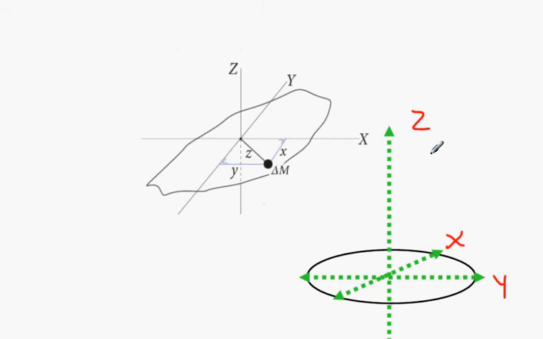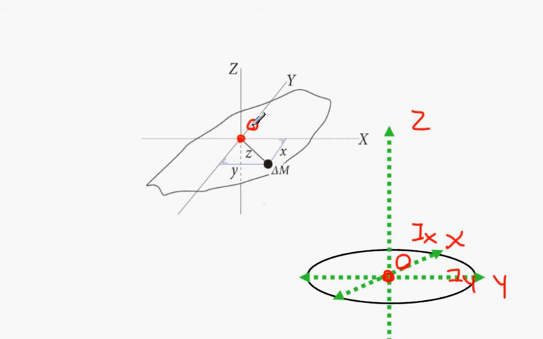Okay? Now, there's something that's called the perpendicular axis theorem. If Ix and Iy are moments of inertia of a lamina about two perpendicular axes, so the moment of inertia around y is Iy, the moment of inertia through the axis x is Ix, and they intersect at O, the origin, so to speak.